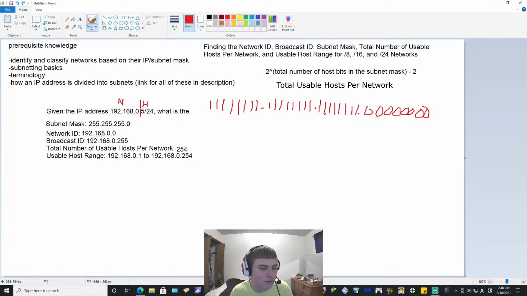To find our network ID, whichever octets house a 255 in our subnet mask, we leave them the same as the IP. And for our last digit, in the case of a /24, like the 0 in the subnet, you just make it a 0.